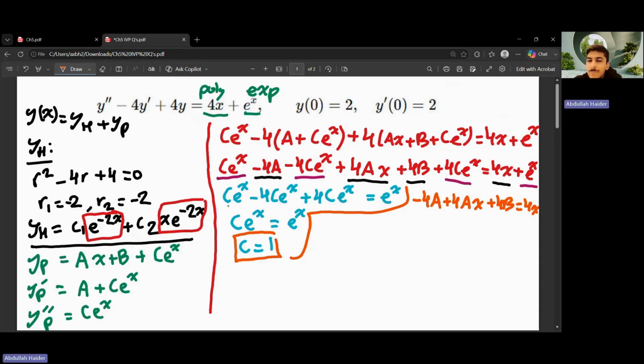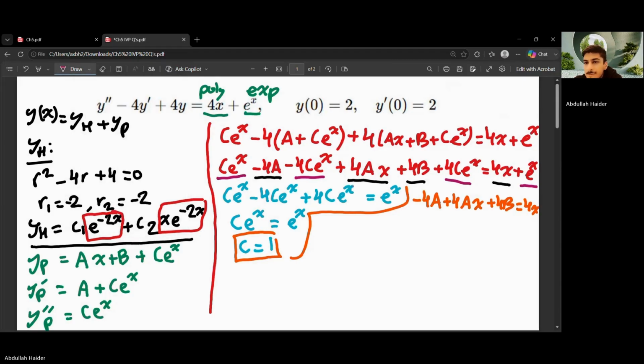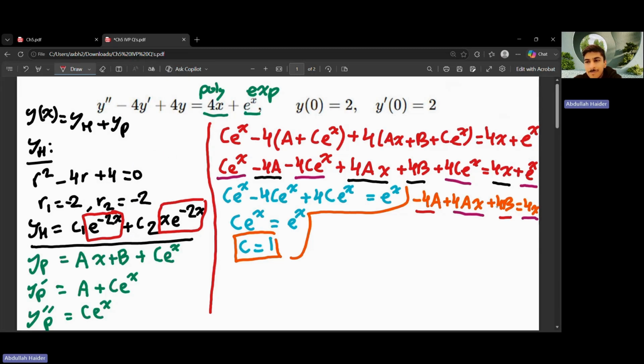Okay, so when we get to this step as well, we compare this and this. Why? Because we have 4ax, so we'll compare this with 4x. And since there is no constant on the right side, we will equate 4a and 4b to 0.